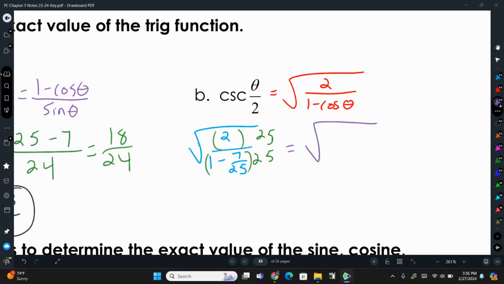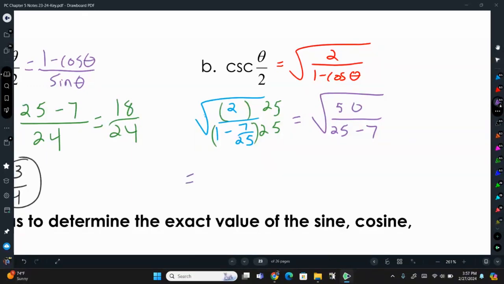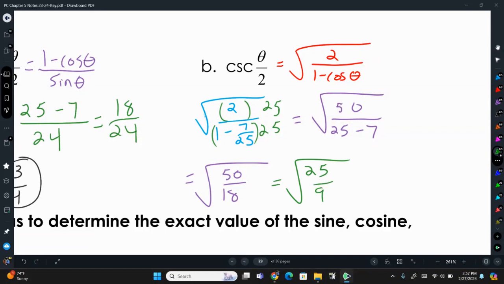So then we get the square root of 50 over 25 minus 7, which is equal to the square root of 50 over 18. This reduces to 25 over 9. Oh, we can take the square root of both of those. 25, the square root of that is 5, and the square root of 9 is 3. So that's our answer. We didn't have to rationalize the denominator because the denominator ended up being a perfect square.